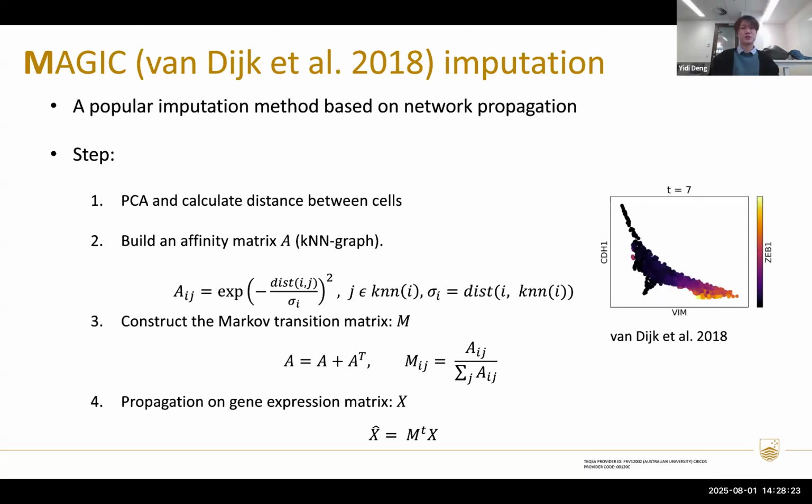But of course, because you are constructing a distance matrix, this distance matrix can explode and take up too much memory when you're constructing it. So it can't be too large, because that was developed in 2018, so we didn't have that many single cells in one single data set. Okay, thanks.